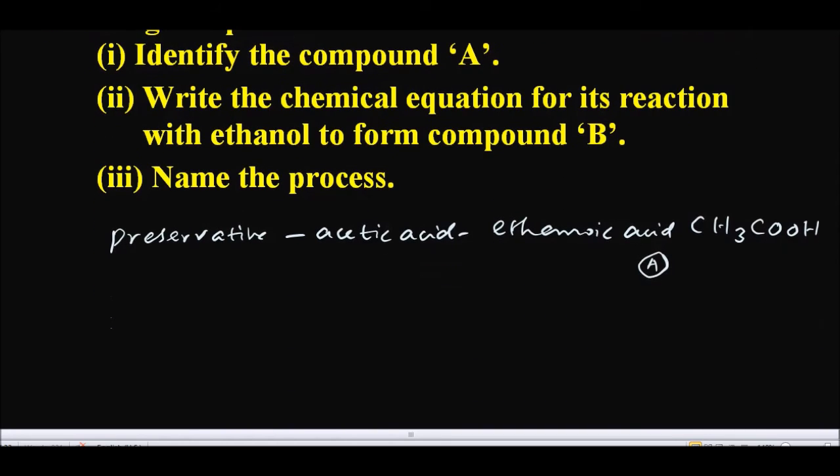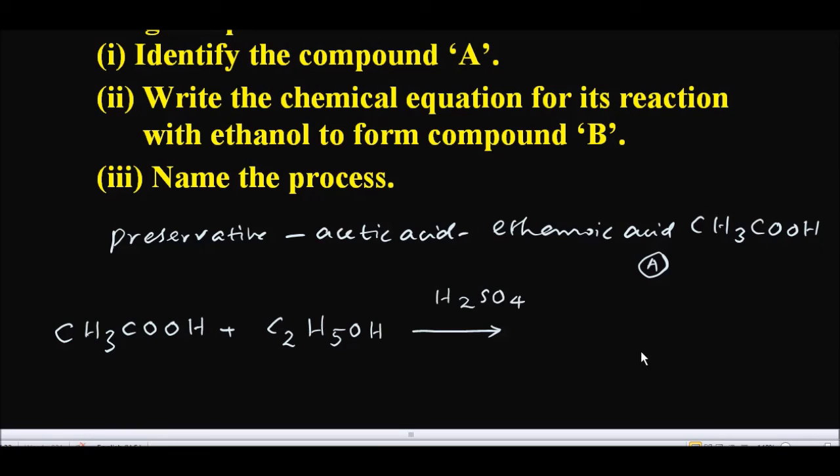After identifying compound A, ethanoic acid, you should write the reaction between compound A, acetic acid, also known as ethanoic acid, and ethanol, having the formula C2H5OH, in the presence of mineral acid H2SO4. So it is going to be an esterification reaction.